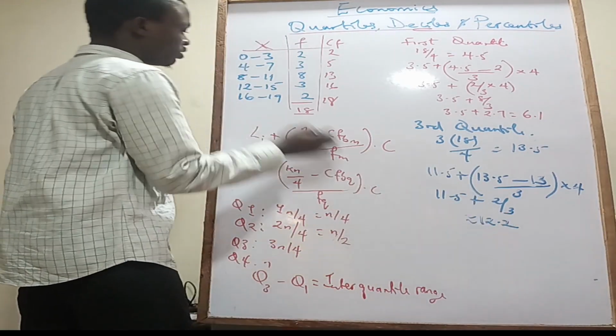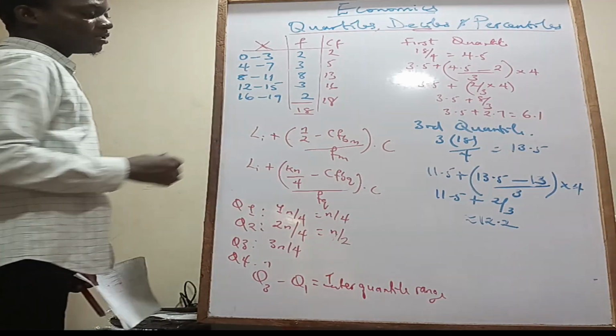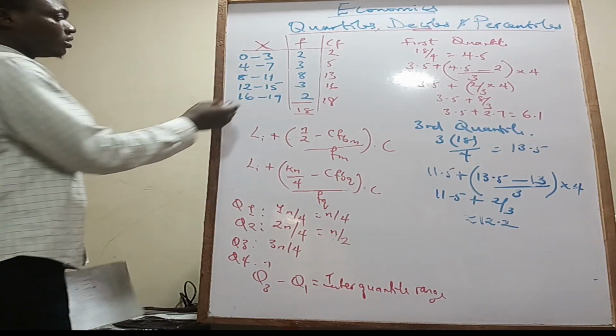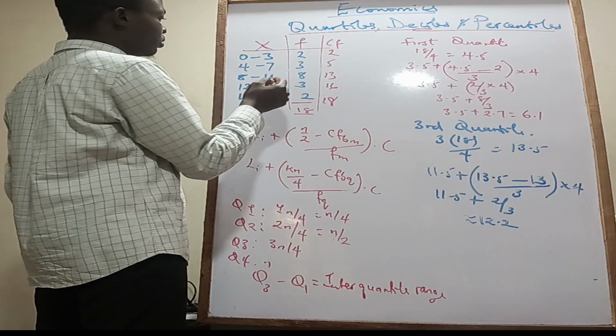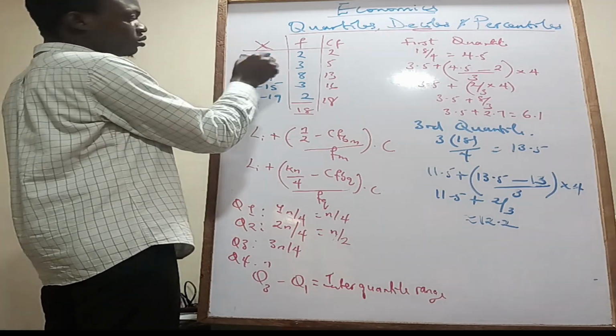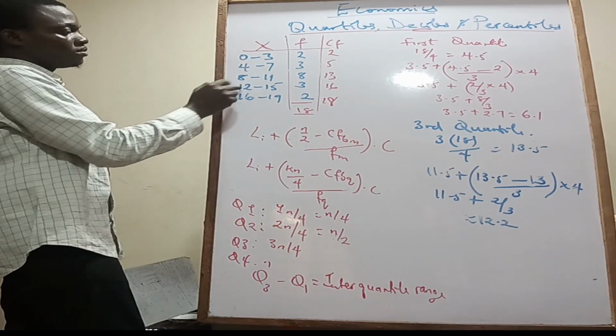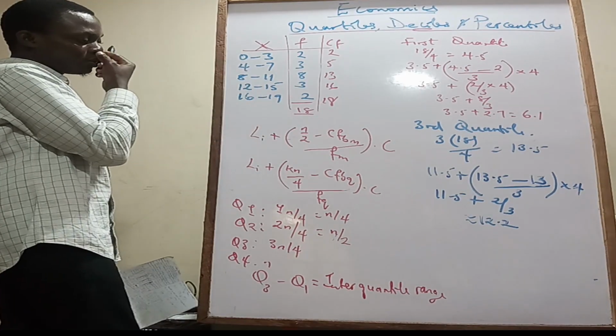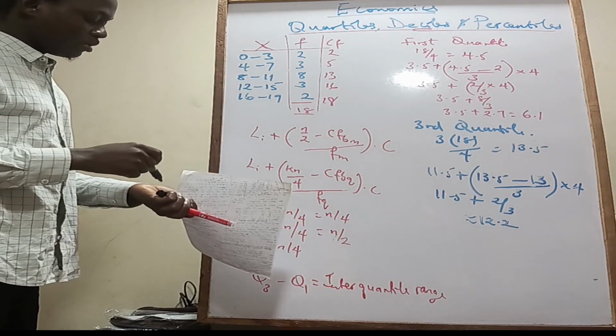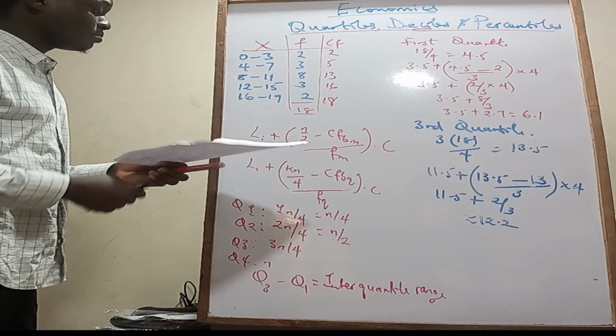So 12.2 must fall within this range, right? The third quartile that we get must fall within this range. The first quartile is 6.1, a value between 4 and 7, and this is a value between 12 and 15. So you are probably correct if I've not made any mistake, because I did solve it in my notes.